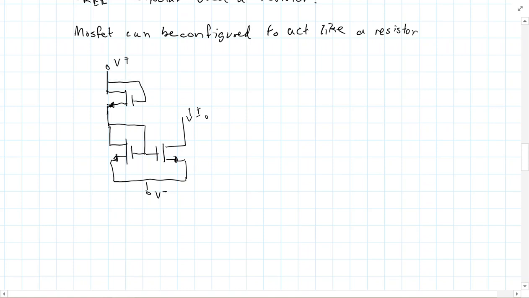And then we're going to still tie the gate to the drain. And this will be M3. And then, of course, this is still M1. This is M2. And now we have tied this here so that VDS3 is equal to VGS3.